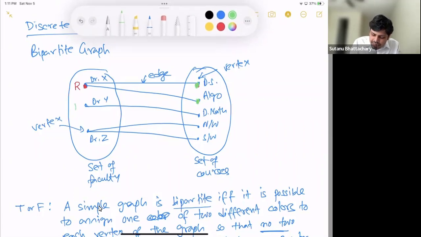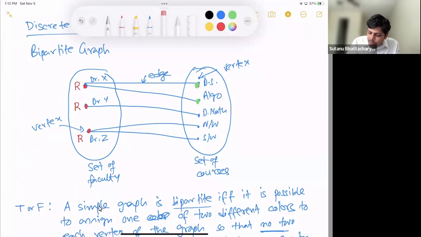And we can also assign red here. Also, we can assign red. Now see, these three vertices are not adjacent because there is no edge which connects those vertices.